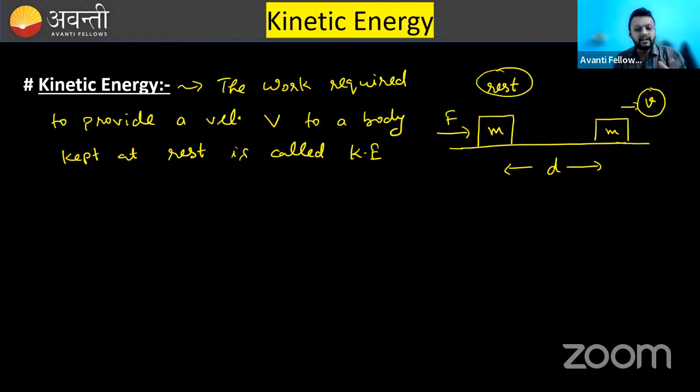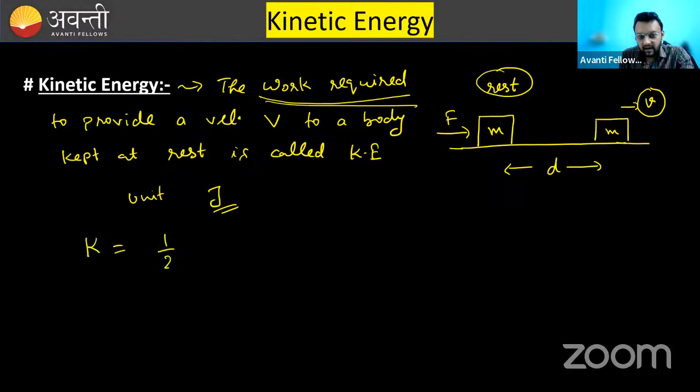So kinetic energy is nothing but the work done. So work is the method to transfer energy is what we have justified by this definition. Is it clear to you? Whenever we say kinetic energy, we must know that it is nothing but the work done. If kinetic energy is the work done, then its unit will also be joule. And we all know that kinetic energy is represented by K, and its formula is half m v square.